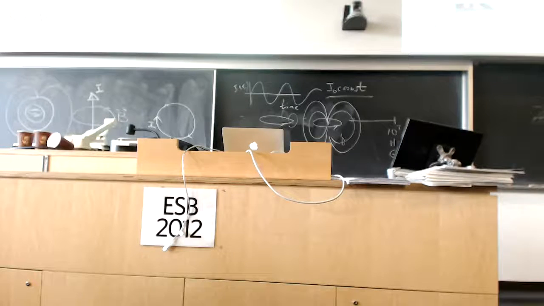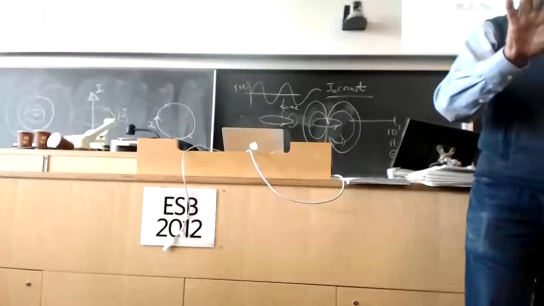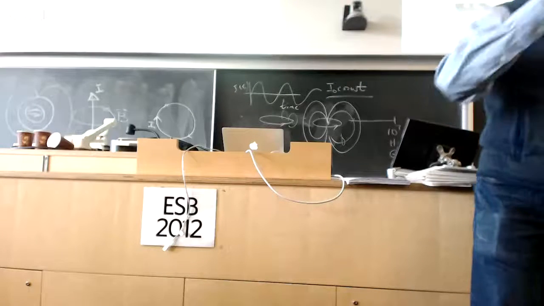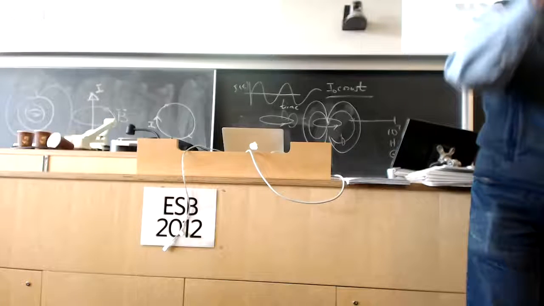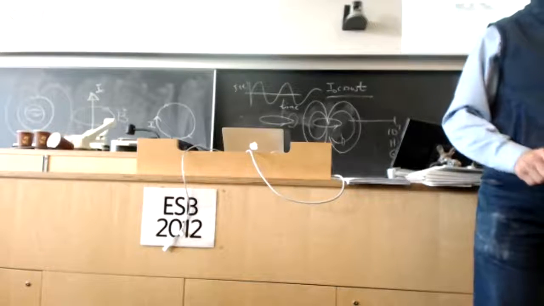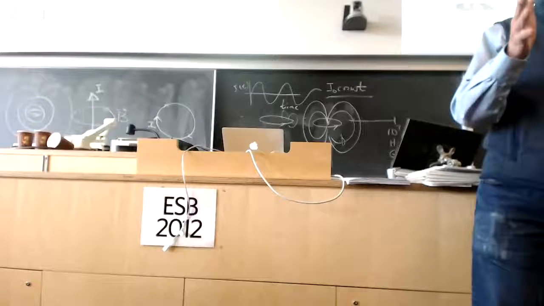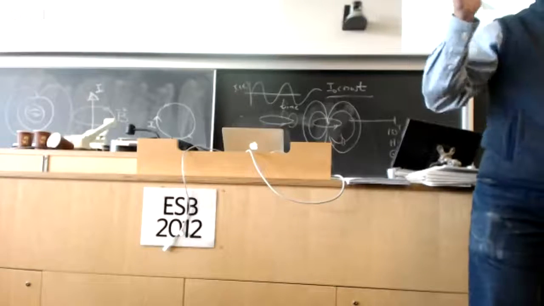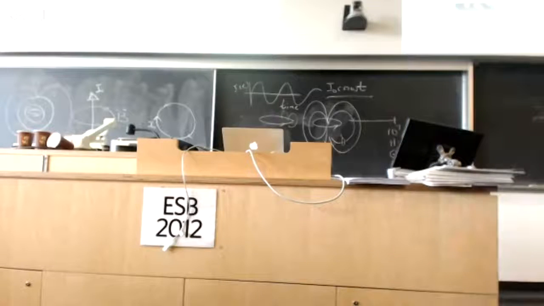So if Samantha now is a conductor, okay? And if I have a time-varying magnetic field on her, that's actually going to generate currents in her. So this is the principle of electromagnetic induction, that a time-varying magnetic field will actually generate a current.